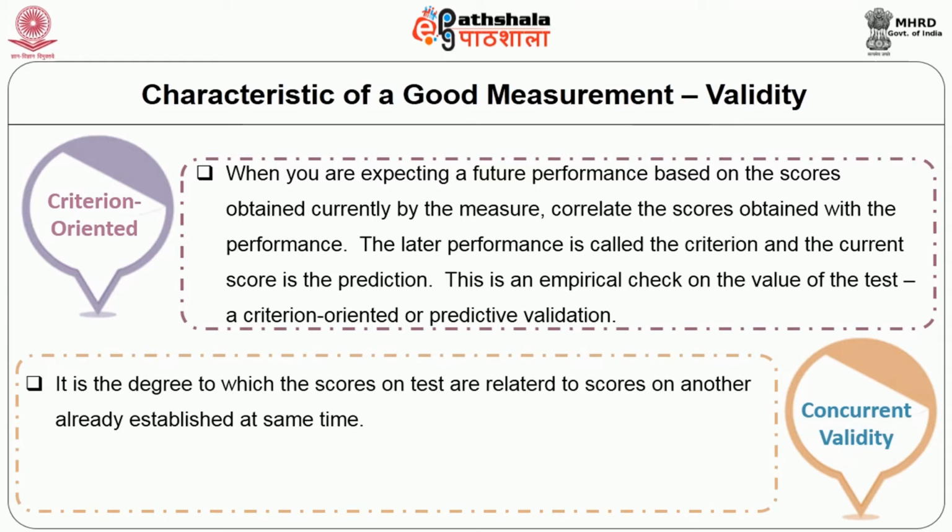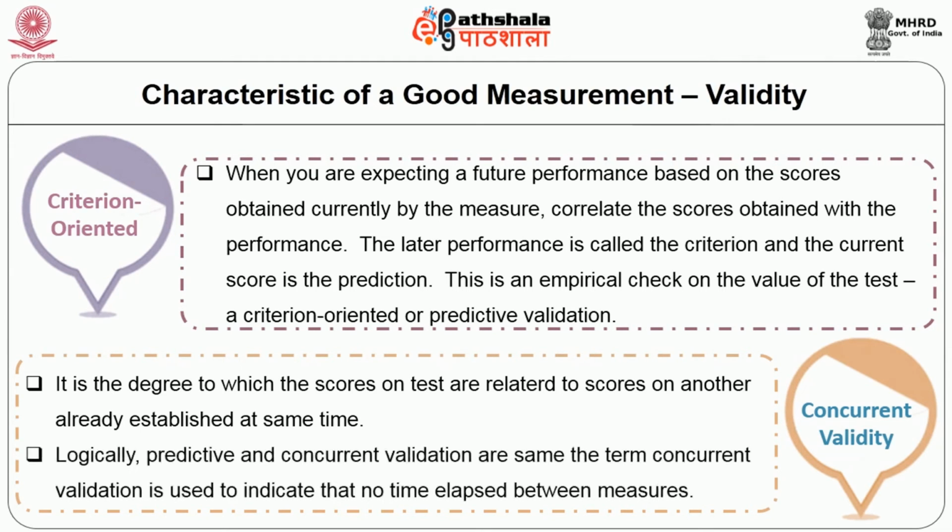Example: a new simple test is to be used in place of an old cumbersome one which is considered useful. Measurements are obtained on both at the same time. Logically, predictive and concurrent validation are the same. The term concurrent validation is used to indicate that no time lapsed between measures.